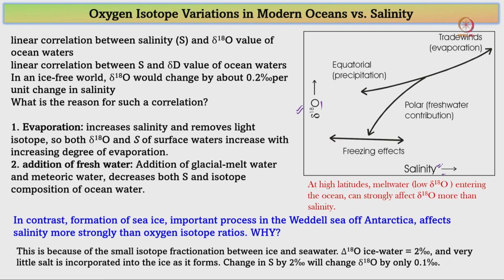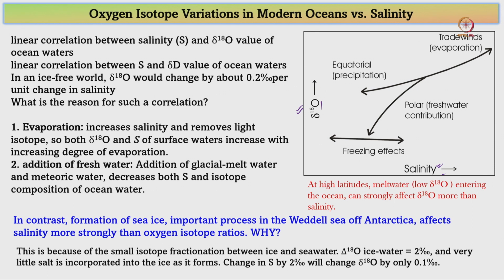And when we plot the data, present day, past and everything, we see that the salinity and the delta 18O of the ocean have a linear correlation. Same thing, the salinity and the delta D value of the ocean also have a linear correlation.